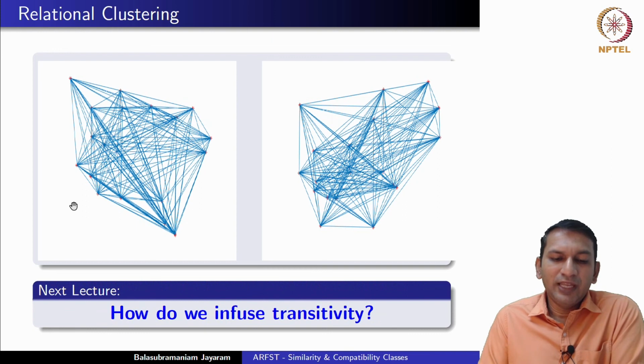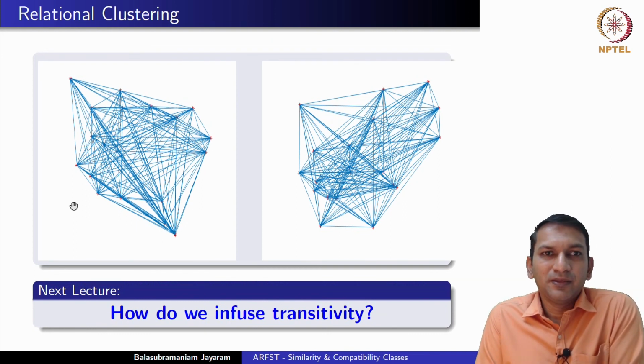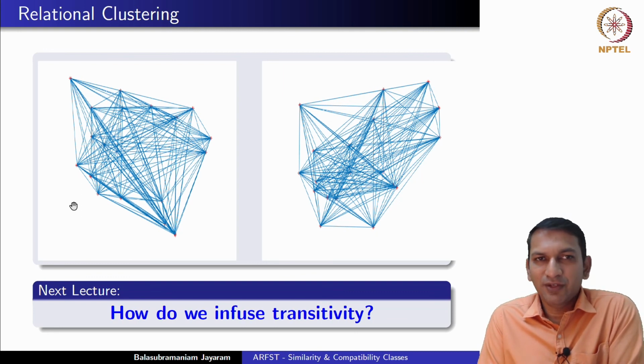how do we infuse transitivity into fuzzy relation? So the need for transitivity is clear. If you have a compatibility relation, by infusing transitivity, you make it a similarity relation. And once you have a similarity relation, you are able to partition this underlying space X. And you know that it is beneficial in many applications.